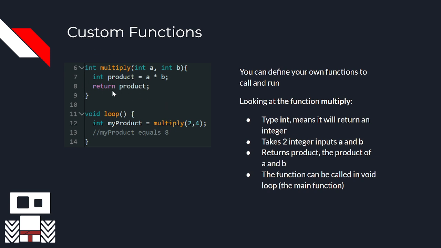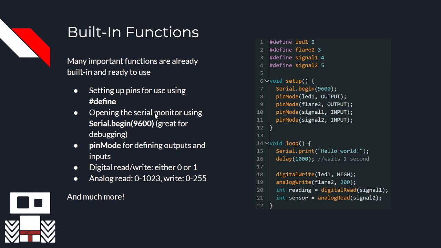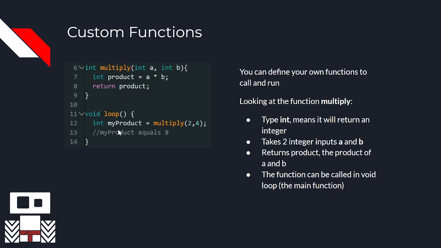You can make it its own function and then call the function multiple times, which makes the code in the loop easier. Here, we just declare it to equal multiply 2, 4, but if the function was a lot more complicated, it would be a long, confusing line. So that makes it simpler. You can create your functions and call them in the loop or wherever you want.